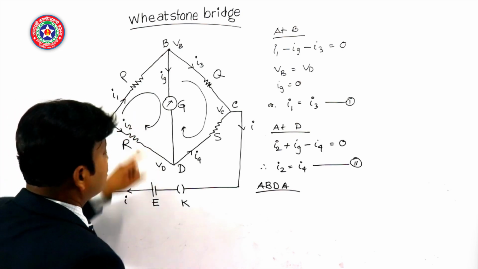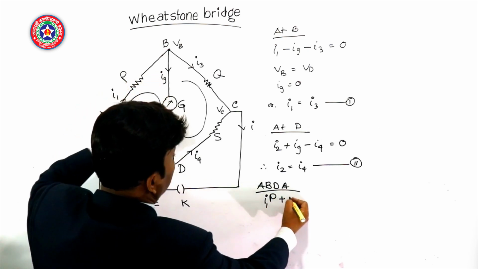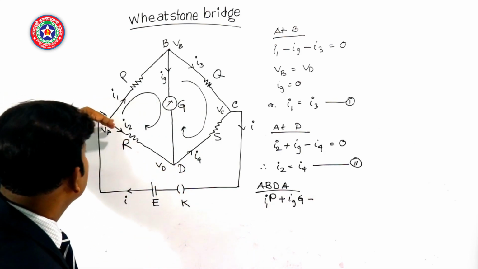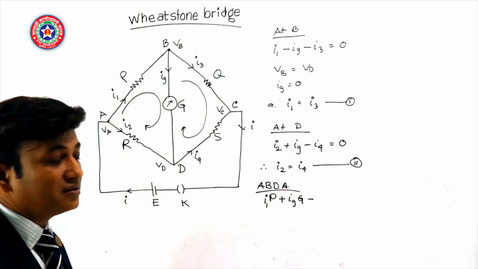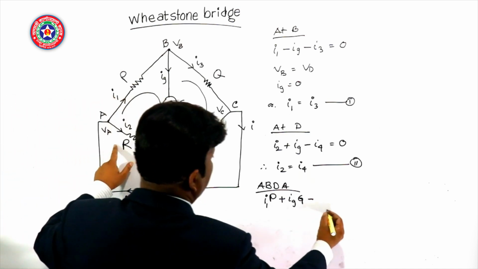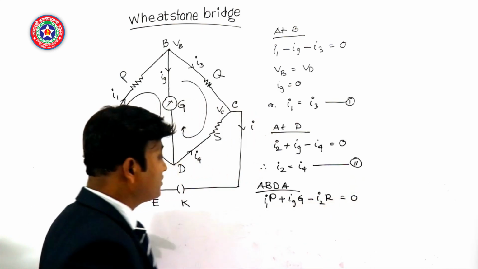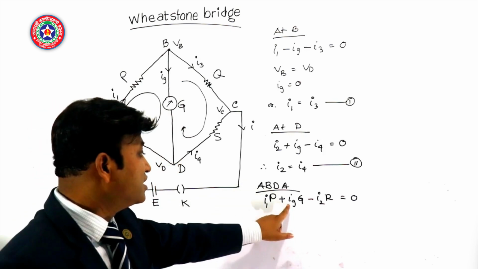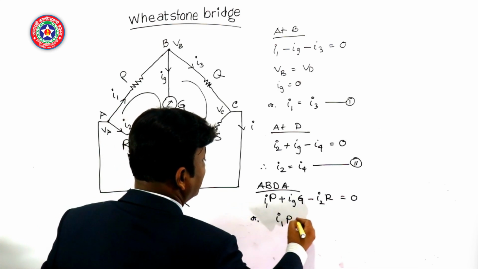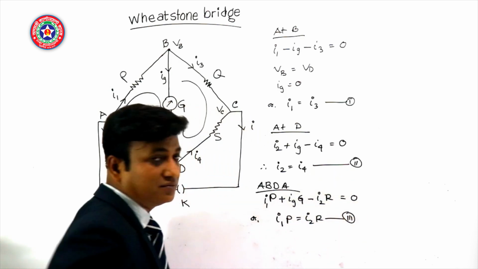That's why, according to the loop law, I1 P plus IG G minus I2 R equals 0. Why is it minus? Because I2 is anti-clockwise, while I1 and IG are clockwise. That's why I have to use the minus sign. But according to the null position, IG is 0. That's why from it we can write I1 P equals I2 R. This is equation number 3.